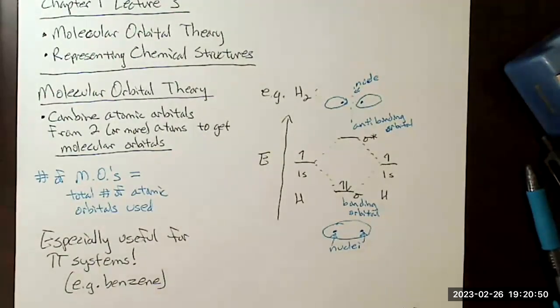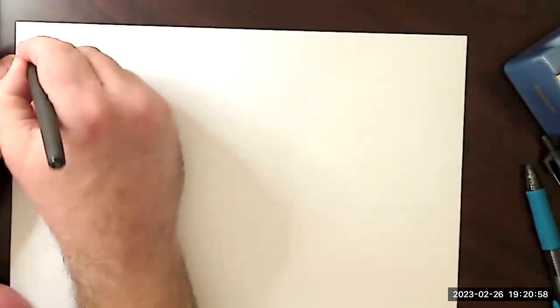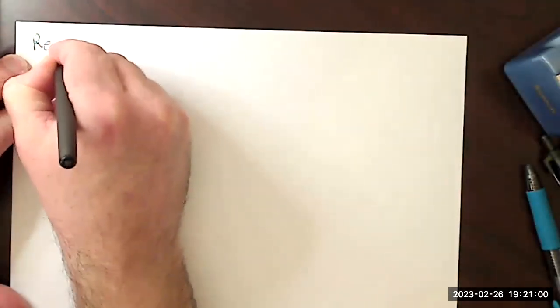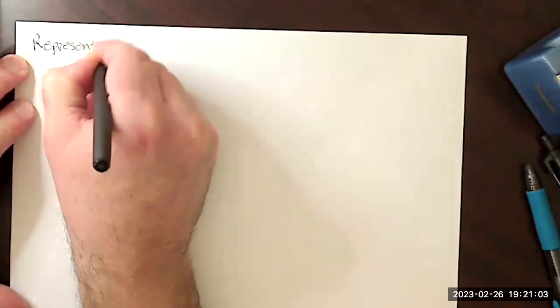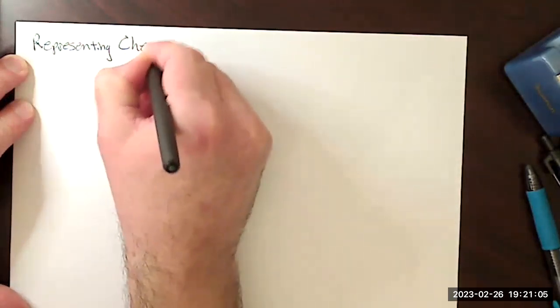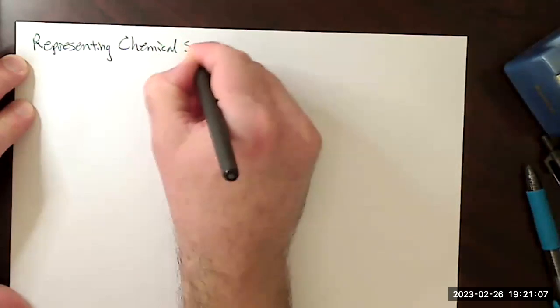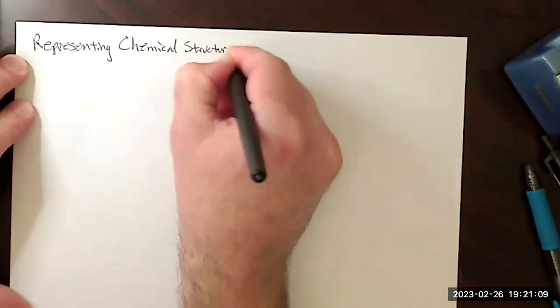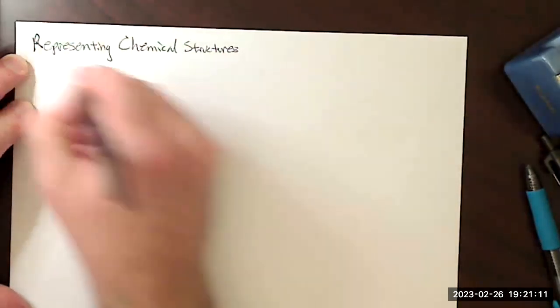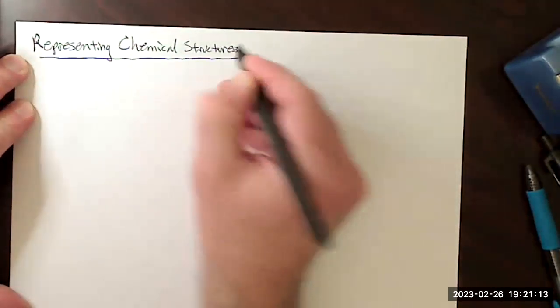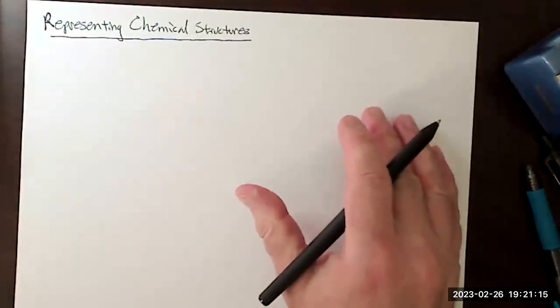All right, so let's go ahead then and take a look at some ways of representing chemical structures. We've talked about bonding, but we want to be able to draw things in different ways.